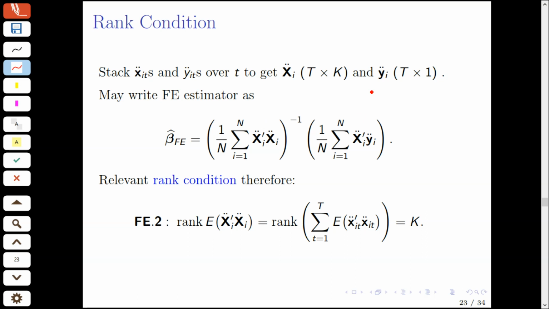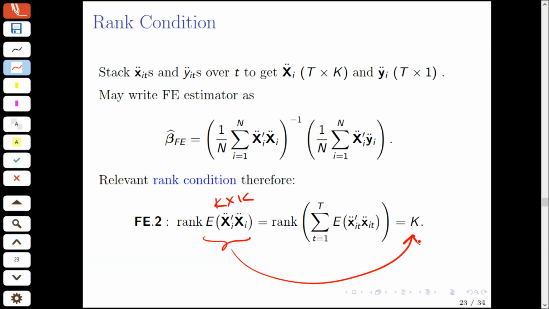Now an analysis running parallel to the cross-sectional case, the linear model for cross-sectional data, reveals that the relevant rank condition is that the expected product of the within transformed regressors should have full rank. Now this here is a k by k matrix, so full rank means that it has rank k.